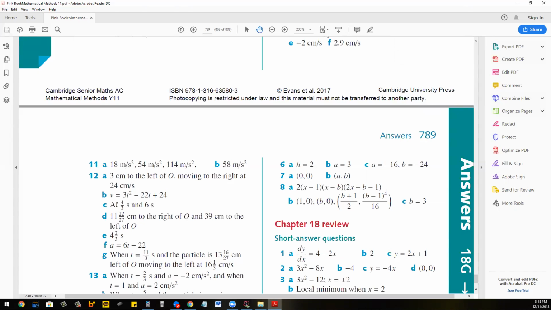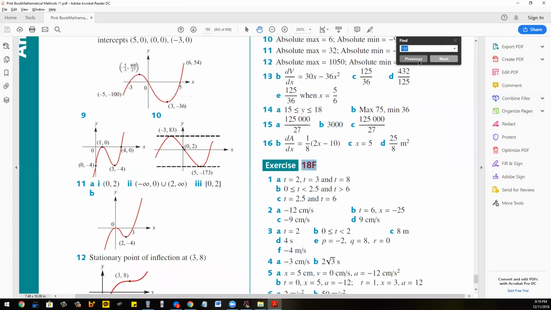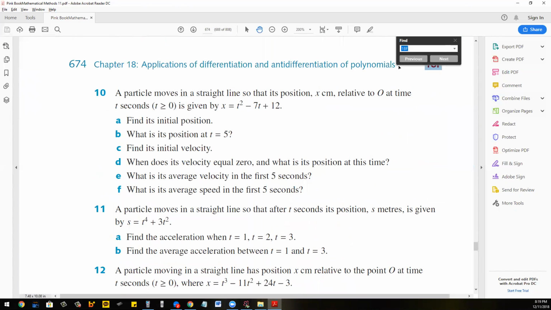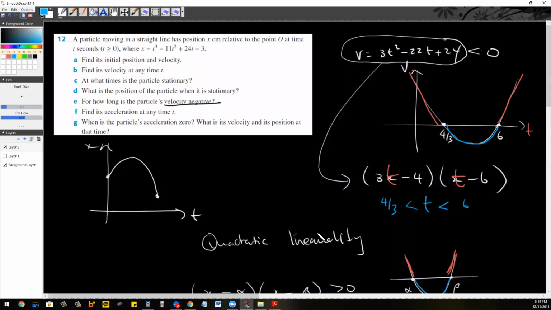Oh, it's E. Okay. Cool. It's a duration, is it? Yeah. So I just did 6 minus 4 and 3. So they're talking about the duration. For how long is the particle negative? Cool. Everything else was okay? Yeah, that was so good.